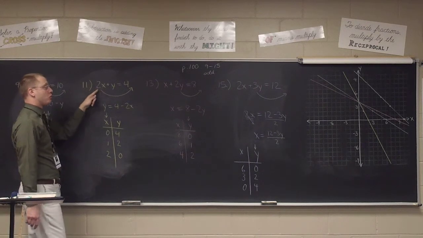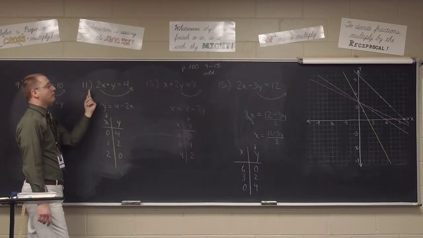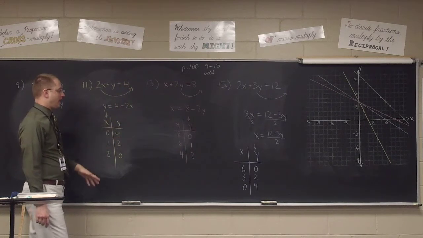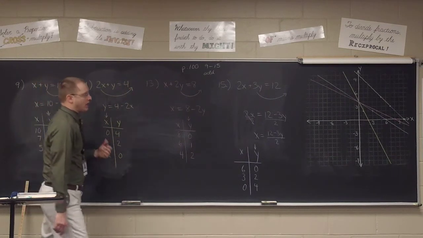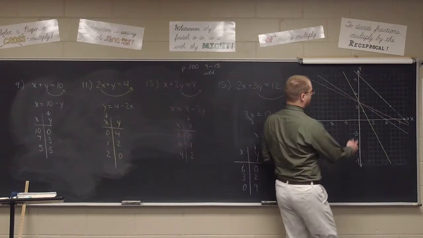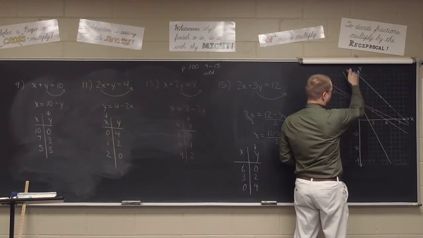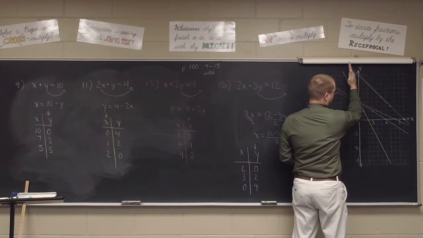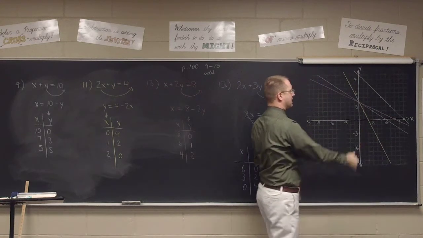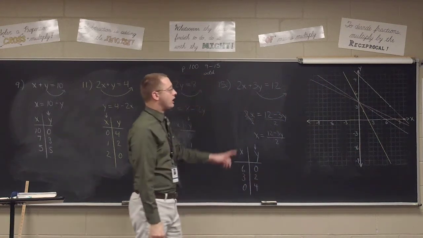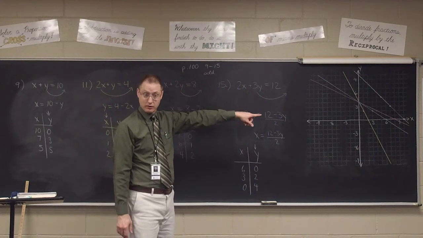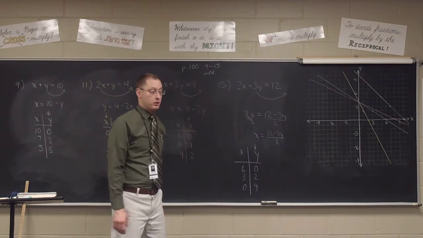Here, move the 2x as a negative, leave the y as is, and plug in for the x. Your yellow line equation should have come in close to the y-axis, not vertical, but almost a vertical drop. Do we get a line like that for the second one, number 11?